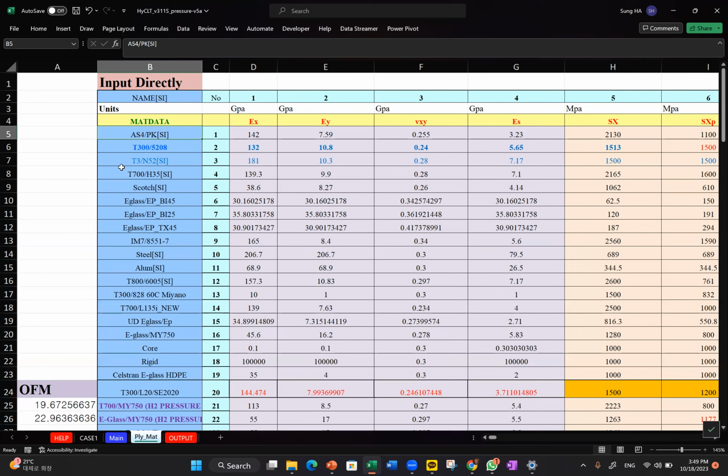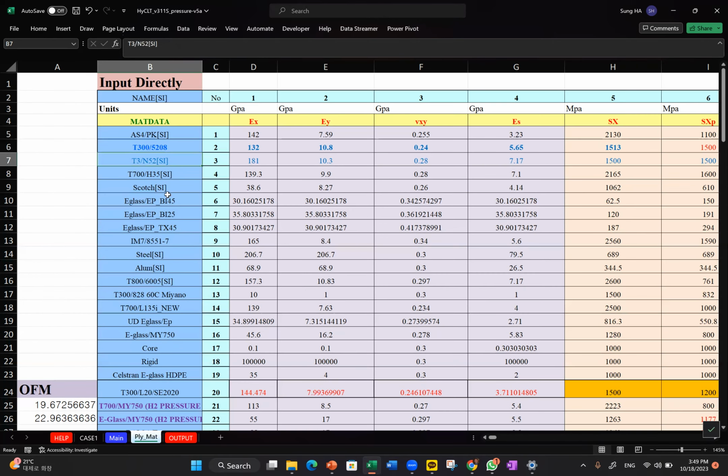T3 also represents T300, T700, and E-glass, and so on. The second word represents the resin system. PK usually means PEEK, and 5208 is an epoxy resin system, and 52 is also an epoxy system.